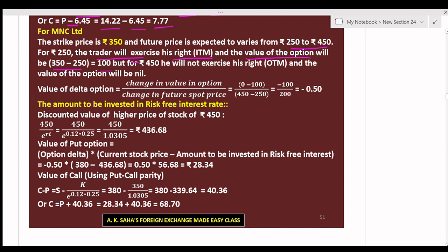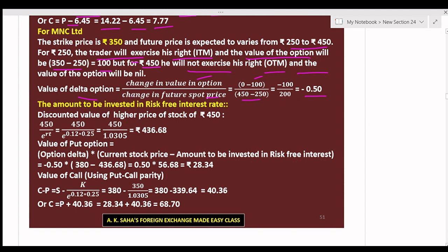And for rupees 450, he will not exercise his right because it is OTM and the value of the option will be nil. Value of the option delta, change in value of option divided by change in spot price, is equal to 0 minus 100 divided by 450 minus 250, which is equal to minus 0.50.